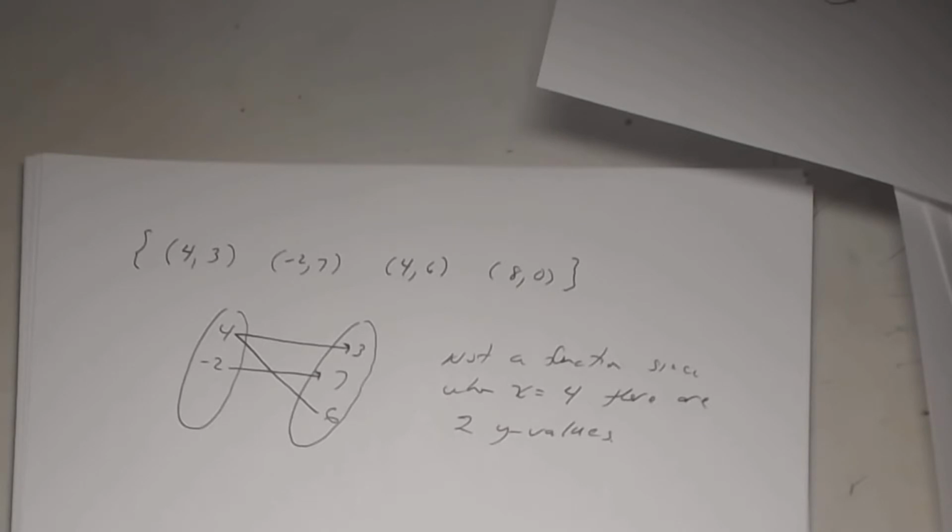So if you go back to the mappings, when it was a function, for each x there was only one arrow coming from that x. Here, we're now in a situation where for x is 4, there's more than one arrow. Okay? All right. So any questions on what to do when you have a set of ordered pairs?